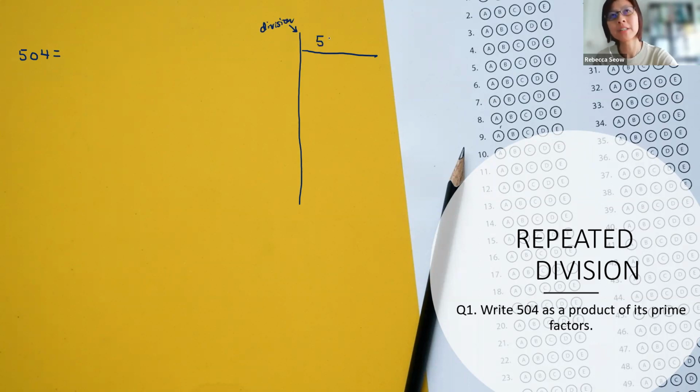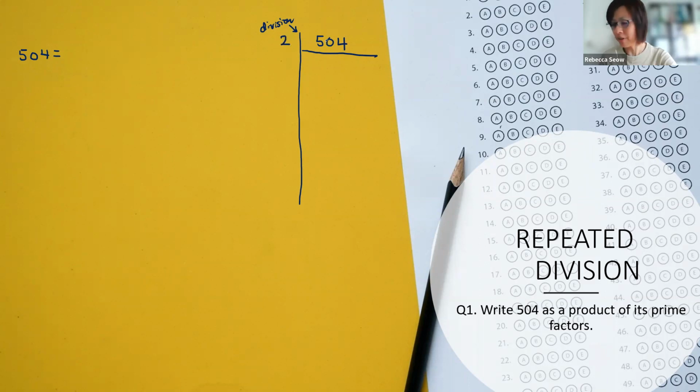I'm going to place 504 over on the first row, and I'm going to divide 504 by the smallest possible prime factor. So what's the smallest possible prime factor of 504? Let's start from the number 2.